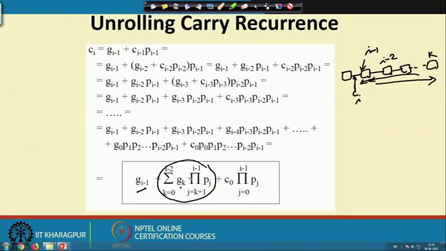The other possibility is that initially C 0 was there, so the input carry was 1, and all the stages 0 to i minus 1 propagated that carry. So, these are the three alternatives that we can have for the carry generation.